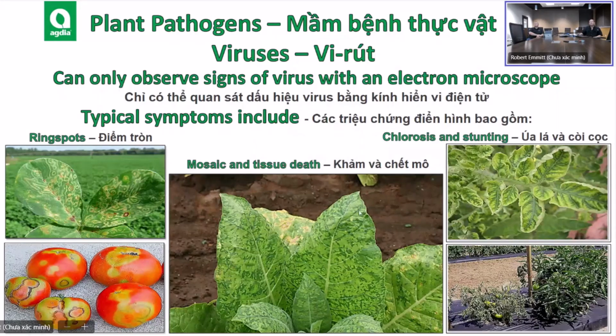But the typical symptoms will include ring spots on foliage and fruit, mosaic patterns, tissue death, and then chlorosis and stunting. So there's not really any other way to know that a plant is infected with a virus without seeing the symptoms. Because like I said, you cannot see the signs without an electron microscope.